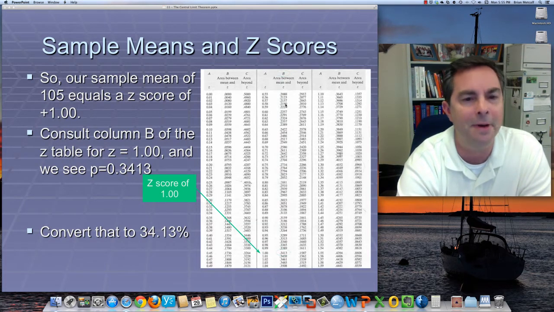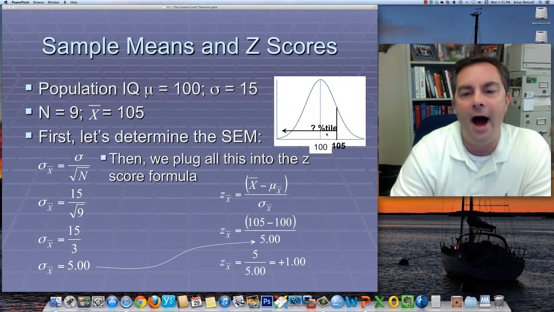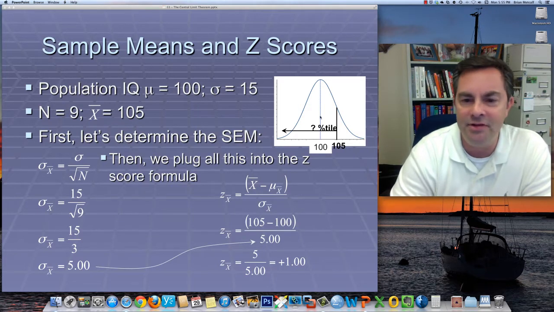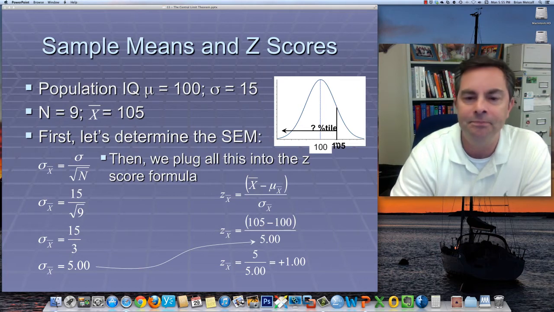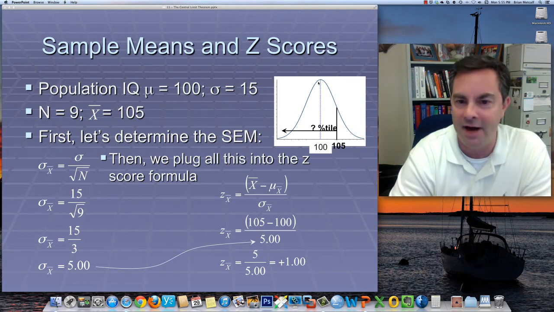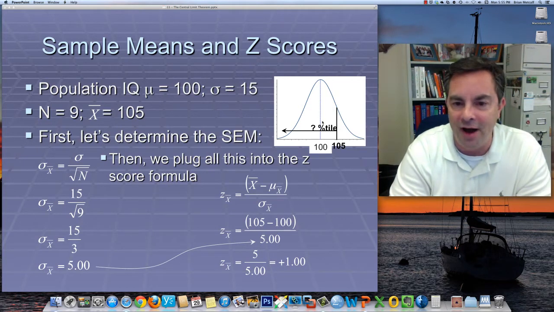Let me pause here. Let's go back to my picture. Let me go back to one of those pictures that I drew. I've decided that I'm going to build these two pieces together. To get the percentage that's underneath this line, below this line, I know is this bottom half. 50% is in the bottom half. So 50% plus whatever is in this wedge between 100 and 105.